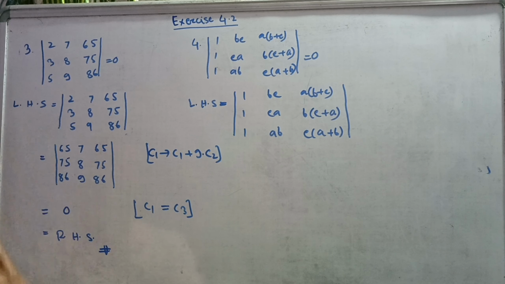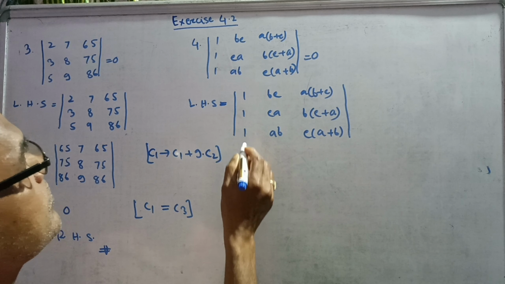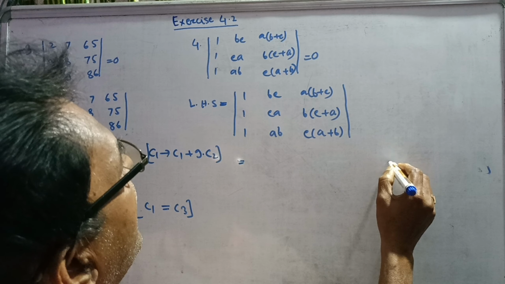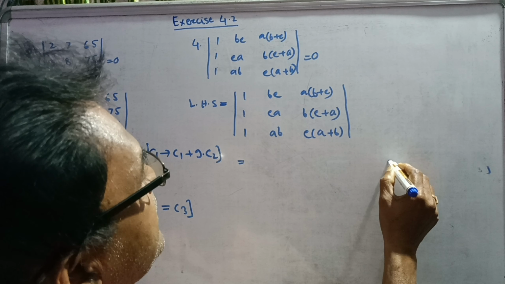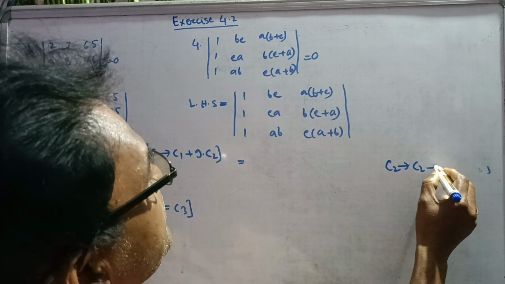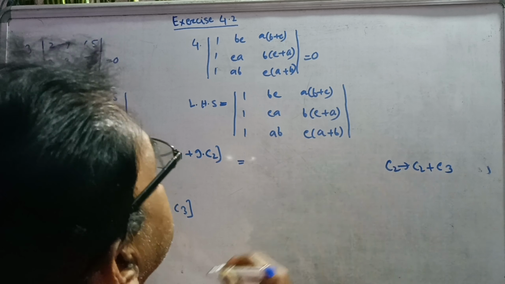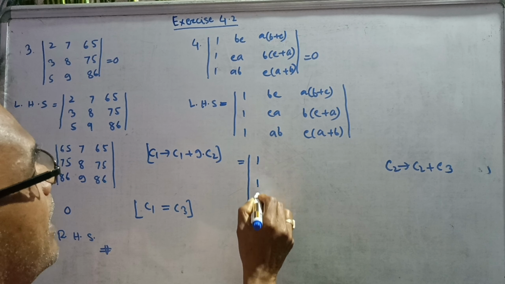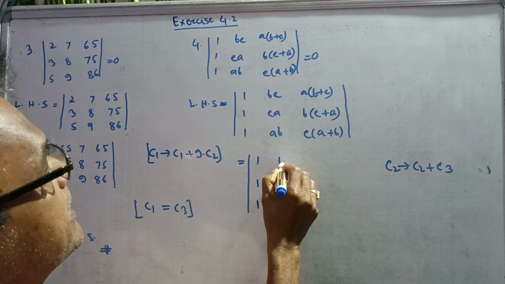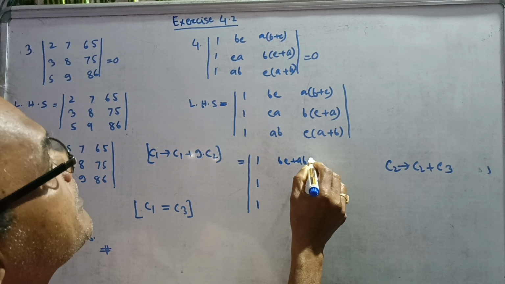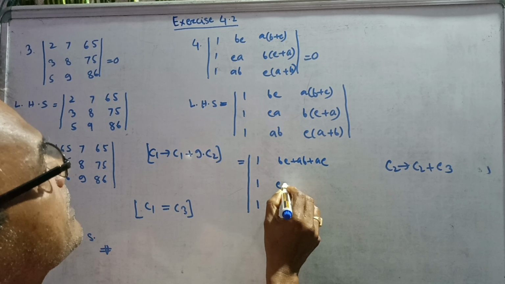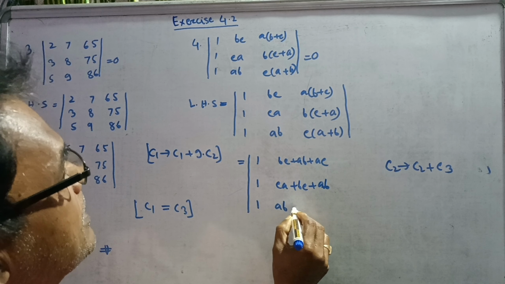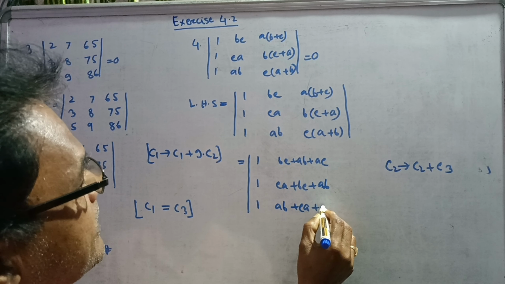That is the right hand side. This is only using properties. Here also we apply C2 changes to C2 plus C3. Then the first column is the same, 1, 1, 1. The second column becomes BC plus AB plus AC, here CA plus BC plus AB, here AB plus CA plus BC.